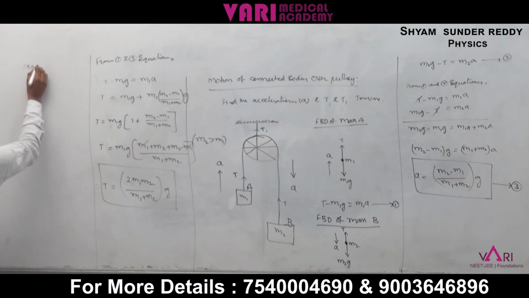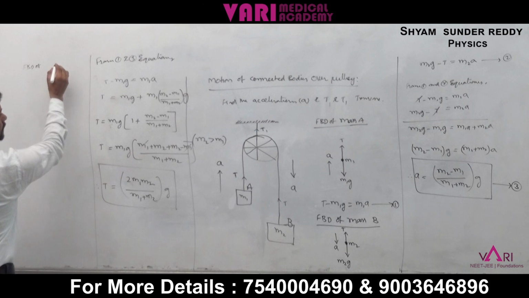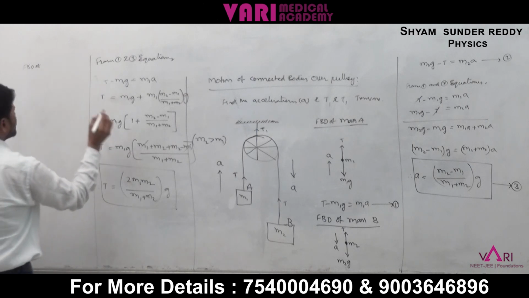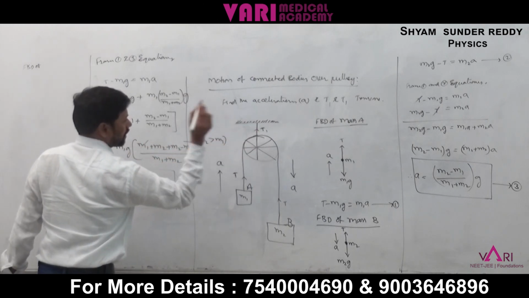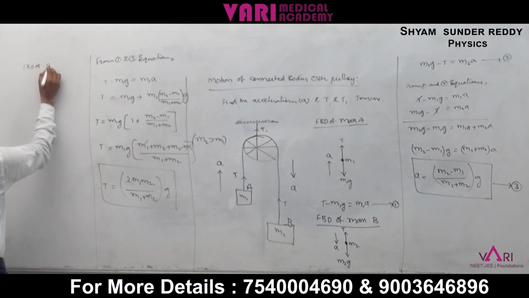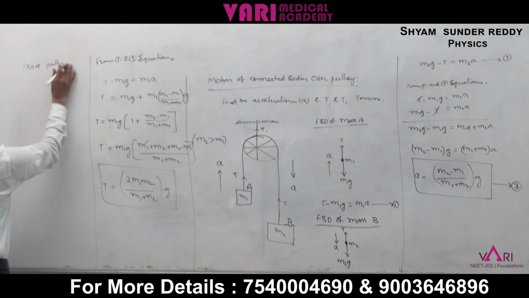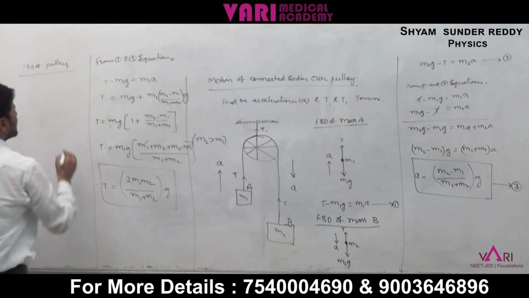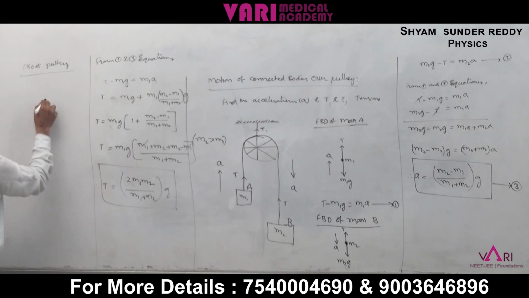Here is the FBD of the string or pulley. The pulley is marked P, with tension T in the downward direction and tension T1 in the upward direction.